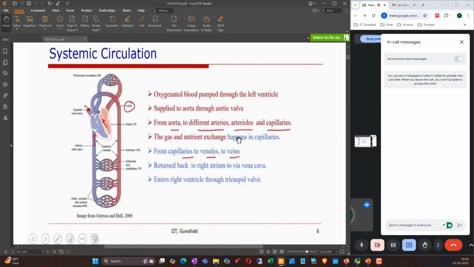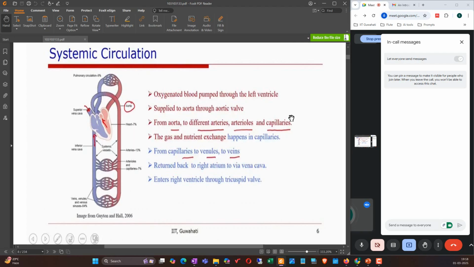Left ventricle means left side, right? And then it supplies to the aorta through the aortic valve. Then from the aorta to the different arteries, arterioles, and capillaries. As it is systemic, throughout the body it has to go, so blood goes to various parts of the body.